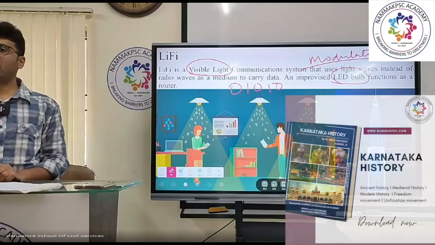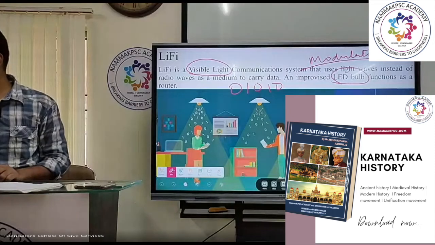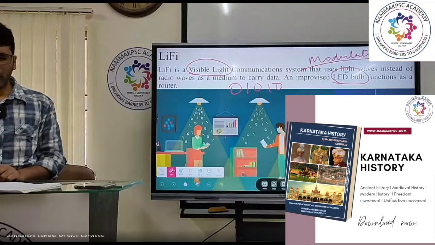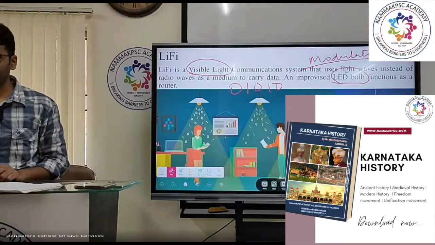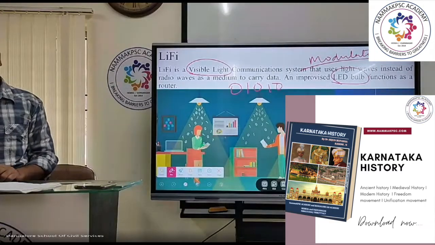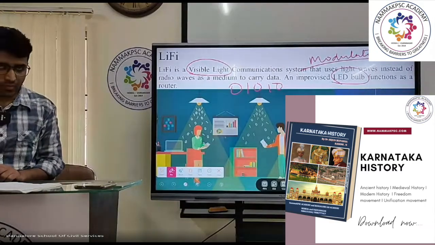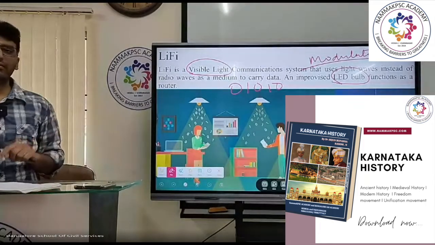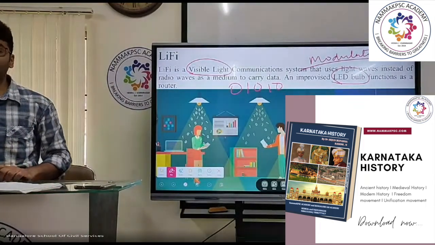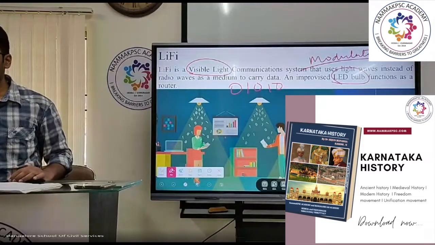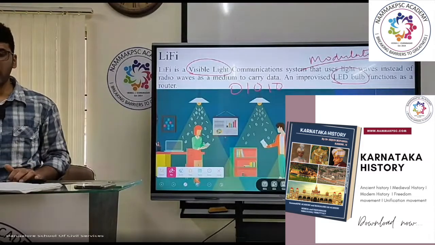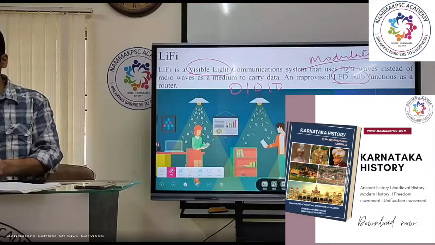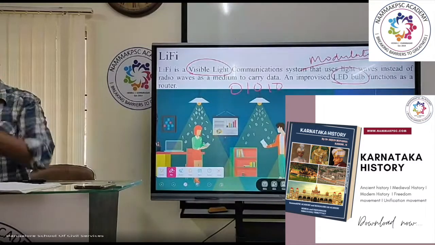We can combine it with optical fiber cables. Correct? And now we are talking about Internet of Things, where objects are able to communicate with each other. Here also LiFi can become important. Imagine you have vehicles. Vehicles also produce light, correct? They have a headlight and a tail light.